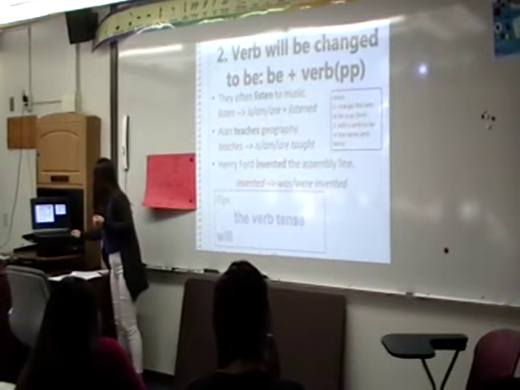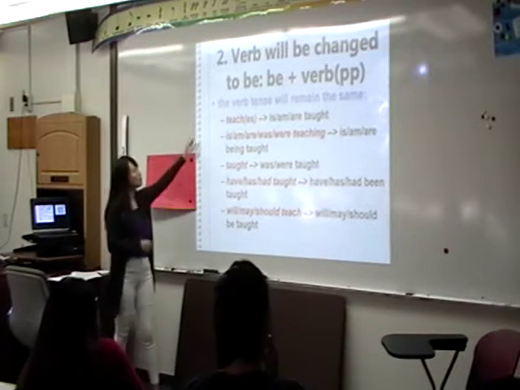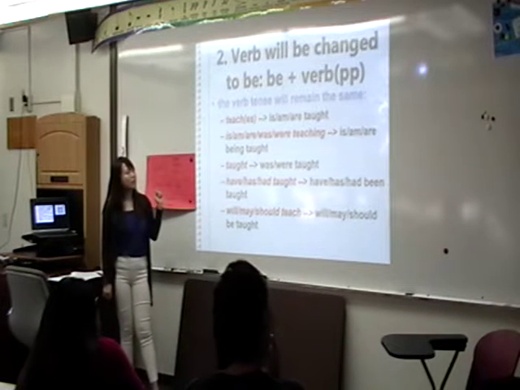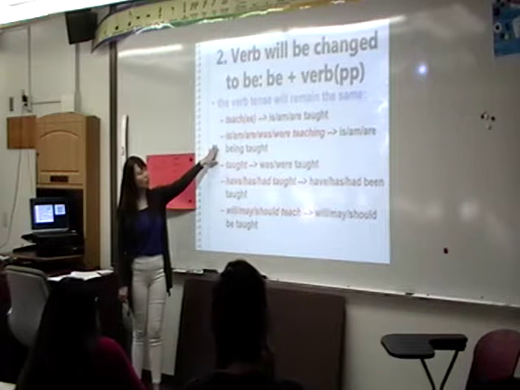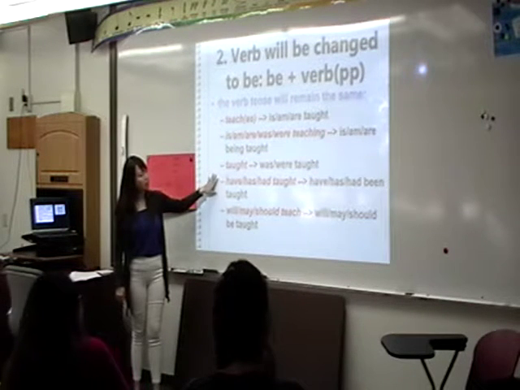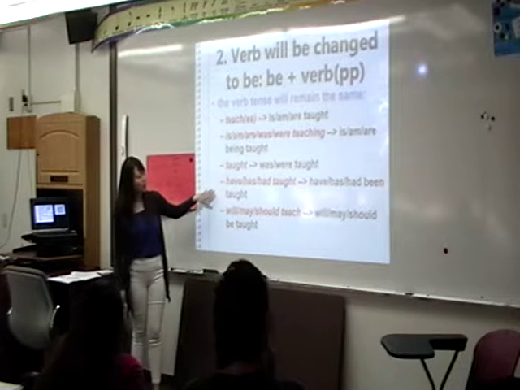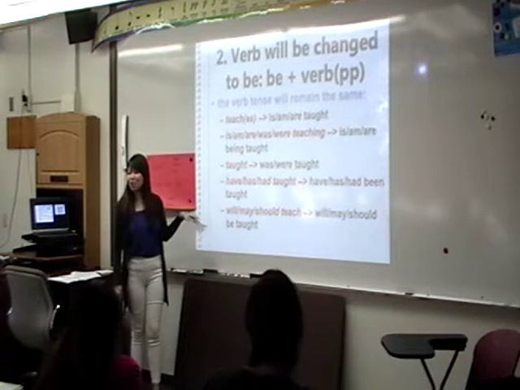So we will change it to be like this. The verb tense will remain the same. And this is the example, like if in present tense, present progressive tense, past tense, present perfect, or past perfect tense, or future tense. These are the tenses that you have learned before.